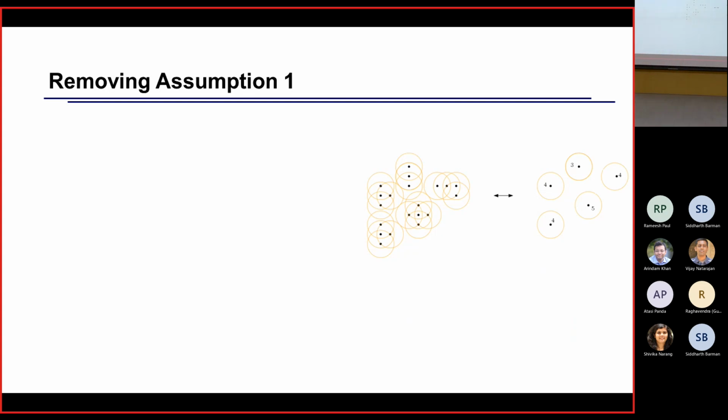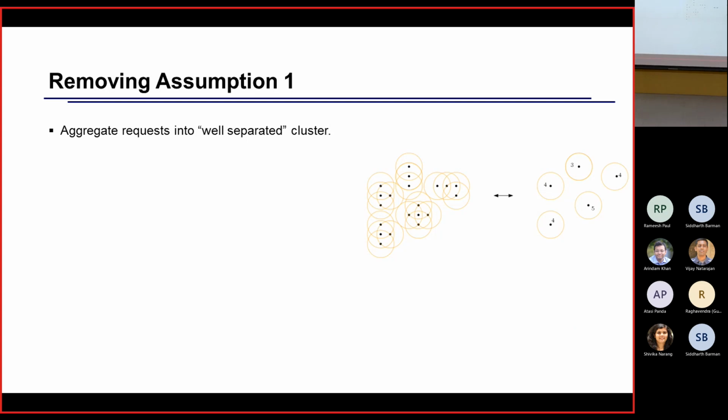To remove assumption 1, I'm going to do the following. What was assumption 1? The assumption was that all the inner balls are disjoint. They may not be disjoint, in which case, if they are too close to each other, I'm going to create a single cluster.